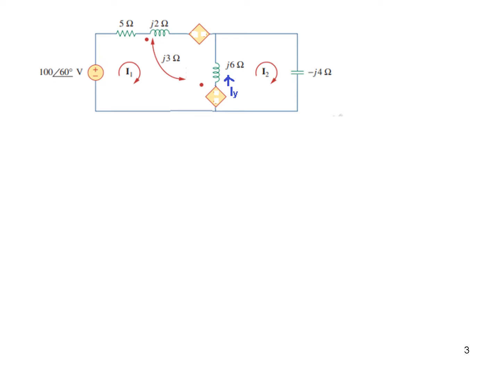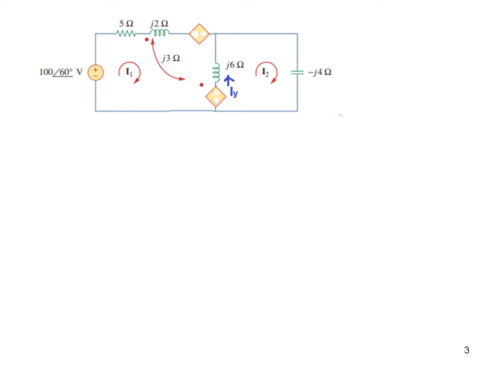Keep in mind that the current through this coil will induce a voltage in this coil, and the current through J2, which is I1, will induce a voltage in this coil, shown here in this box.